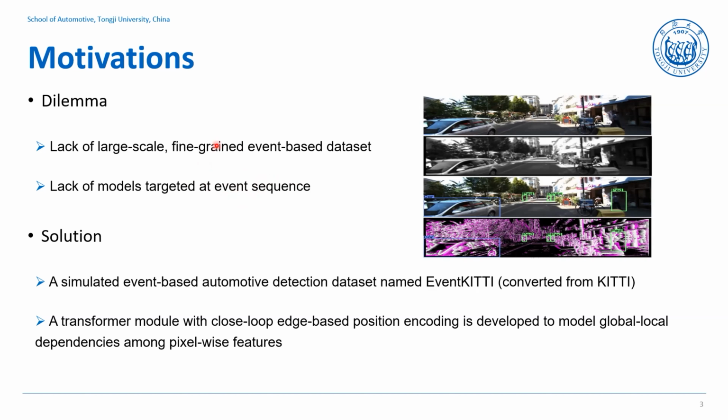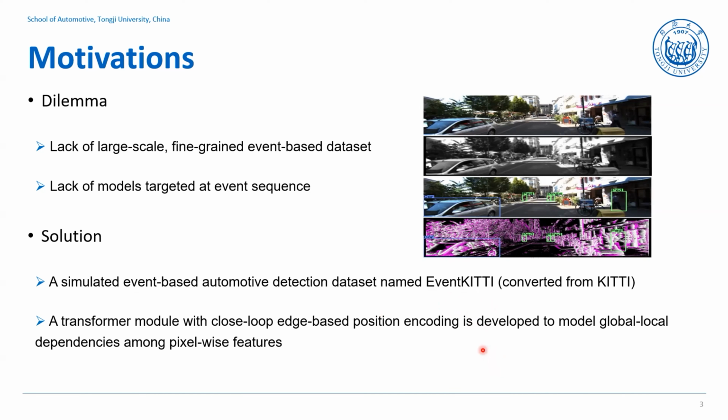It meets two challenges, including lack of a large scale fine granular event-based dataset and lack of models targeted at the event sequence. To solve these problems, this work provides a simulated event-based automotive detection dataset named EventKITTI, and an effective event-based object detector.